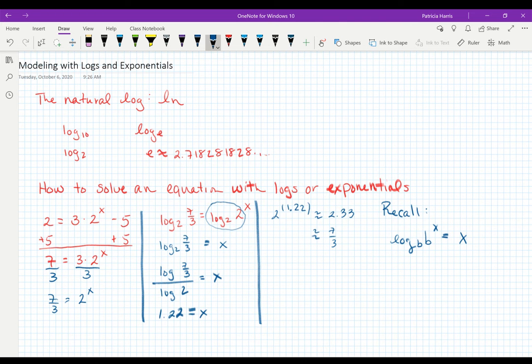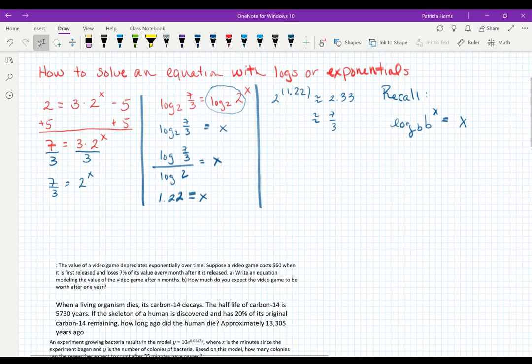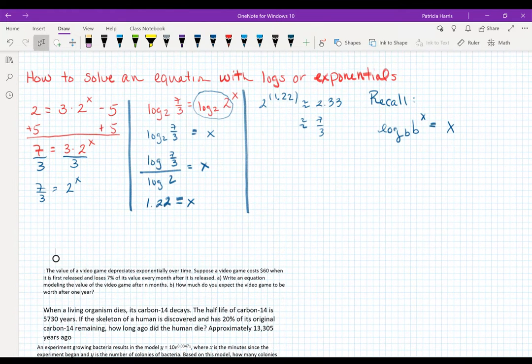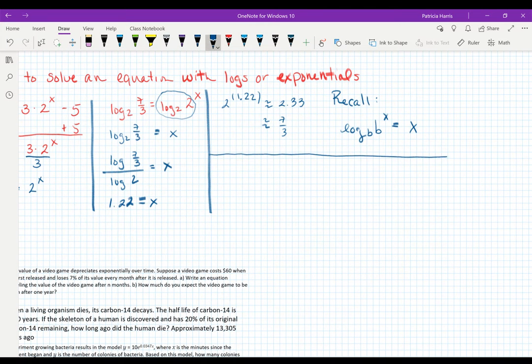Now let's solve an equation with a natural log, because that's what tends to come up in your homework the most. I'm going to try to move this. Nope, won't work. So let's do it up here. Let's say we have this equation with an e.